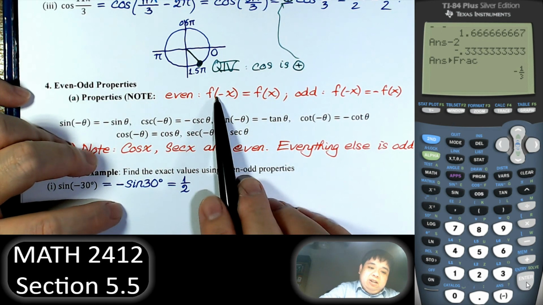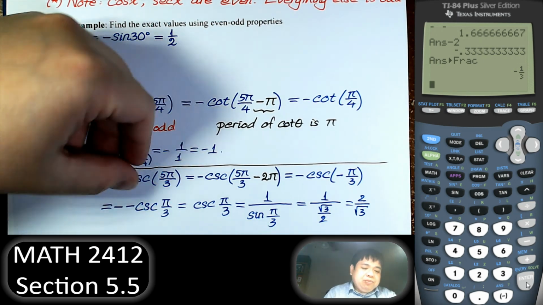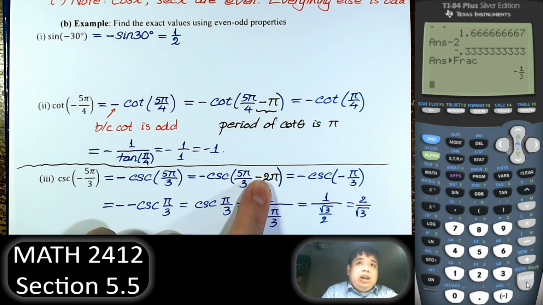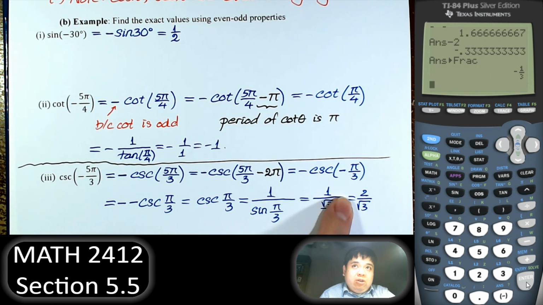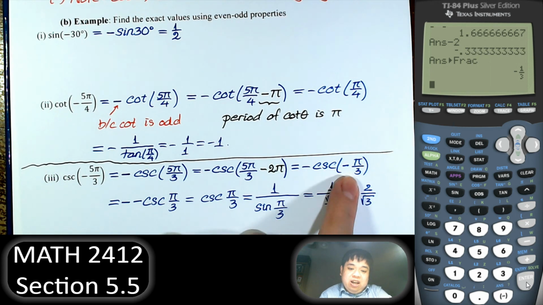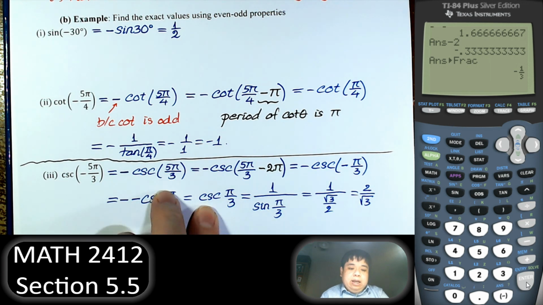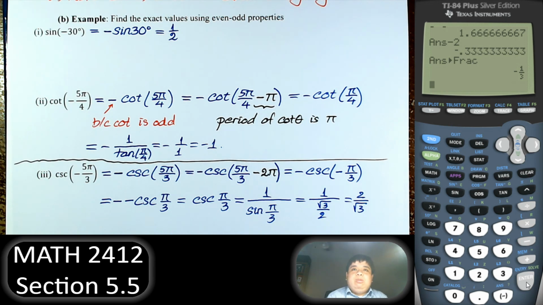Then the reason we subtract 2 pi here is that if we add 2 pi, that would be too much. If we subtract 2 pi, we bring it into a smaller angle, which happens to be negative, but that is fine because cosecant is still an odd function, so take the negative outside. Two negatives on the outside turn to positive. And cosecant is 1 over sine, and that's what we have.